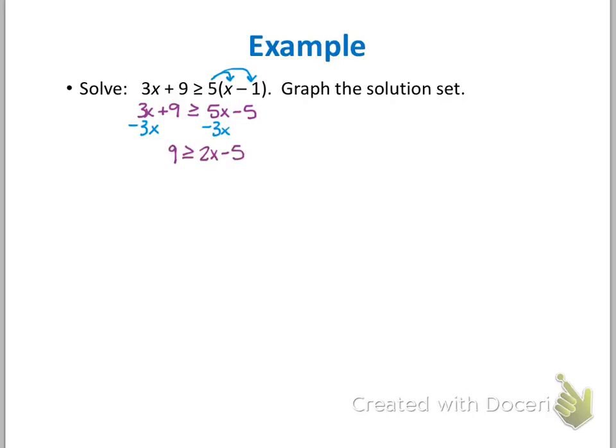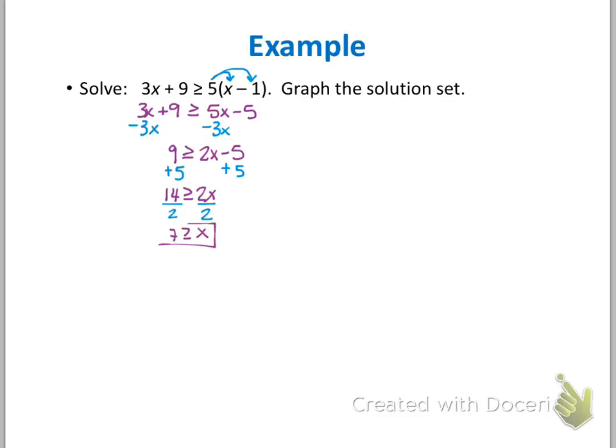Then I'm going to add or subtract. Then I'm going to multiply or divide. And I never divided or multiplied by a negative, so I never flipped the inequality.